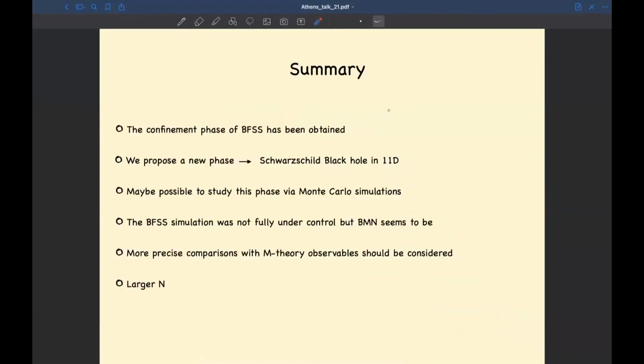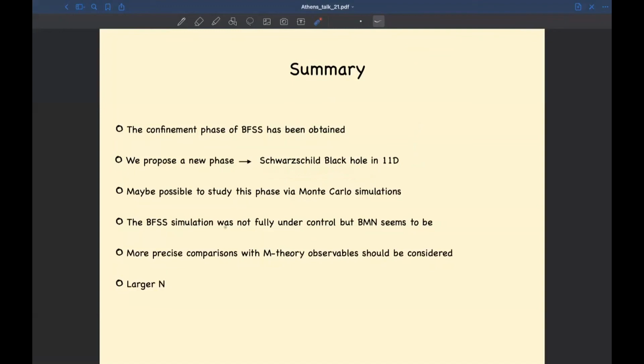So this brings me to the summary of the talk. Going back to the beginning, we have observed the BFSS confined phase, and we propose to understand this confined phase as a Schwarzschild black hole in 11 dimensions. Furthermore, it could be possible to study this phase via Monte Carlo simulations, as I explained previously.